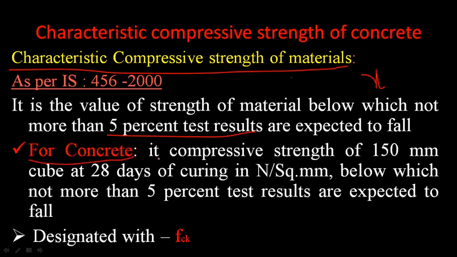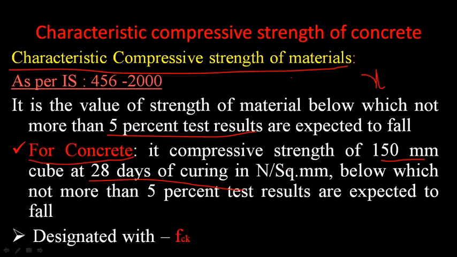Similarly, I will define the characteristic compressive strength of a concrete. It is the compressive strength of a 150 mm cube at 28 days curing. After testing, we will get the strength of that concrete in Newton per mm square, or we can say in terms of MPa.